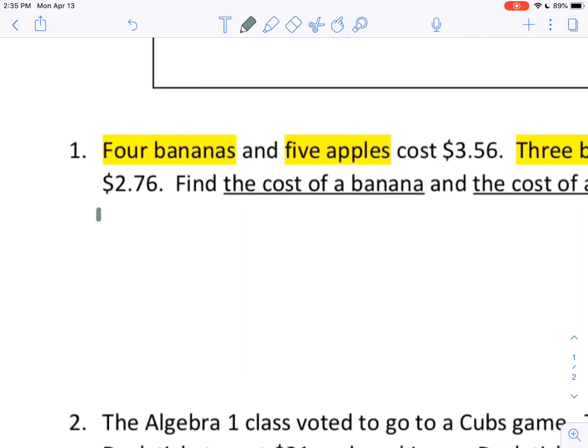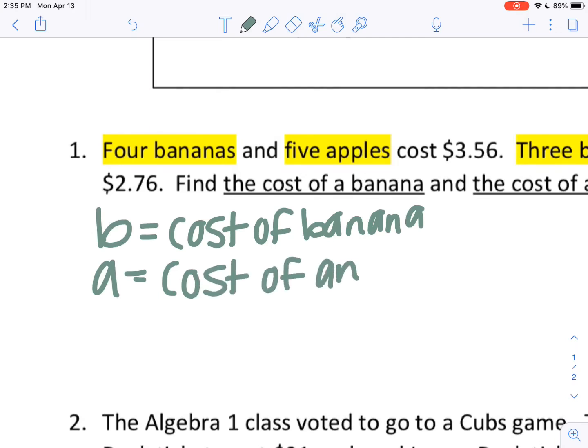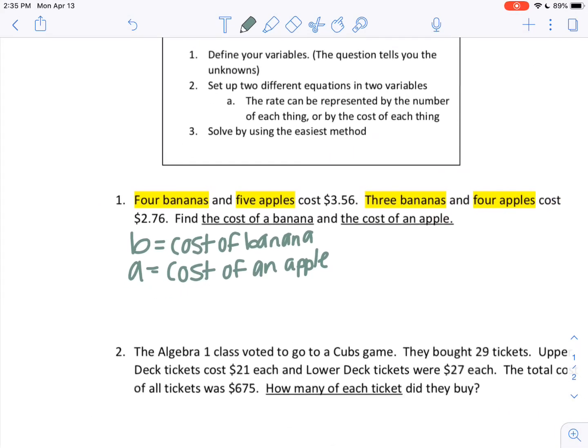So I'm going to say B is the cost of a banana. And let's say A is the cost of an apple. Okay, now those first two sentences are going to give me my two equations. So 4 bananas and 5 apples.